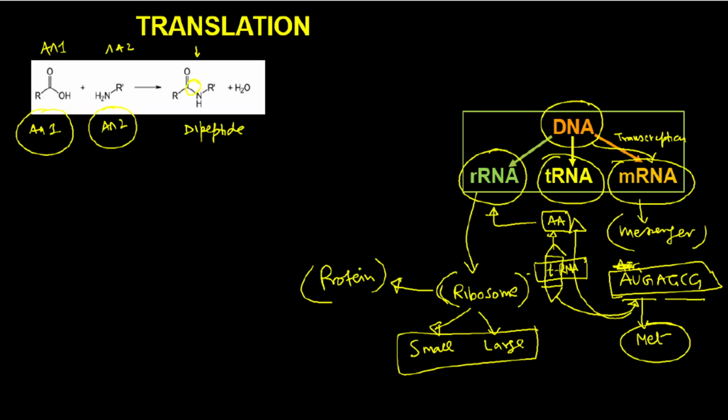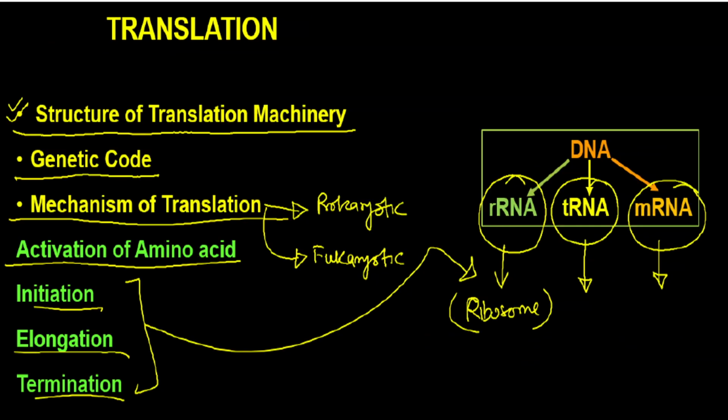Okay, so let's move forward. If we go by the process, the mechanism of translation basically involves what? Activation of amino acid, initiation of translation, elongation of protein, and then termination.